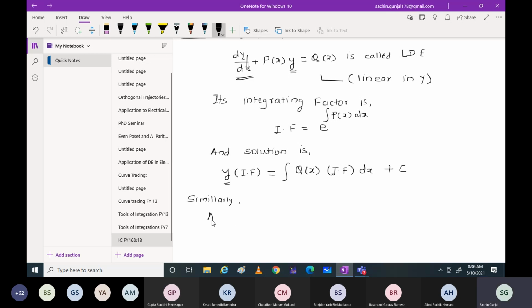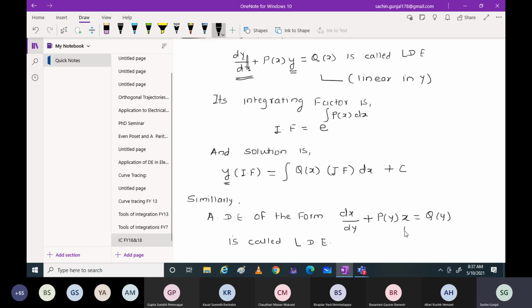Similarly, a differential equation of the form dx by dy plus P of y into x is equal to Q of y is also called linear differential equation.